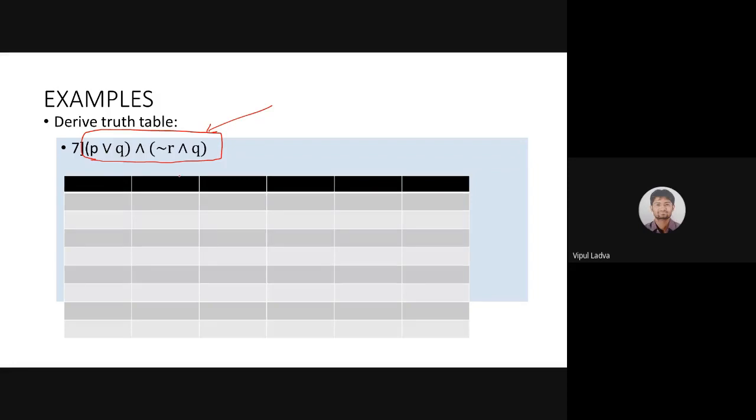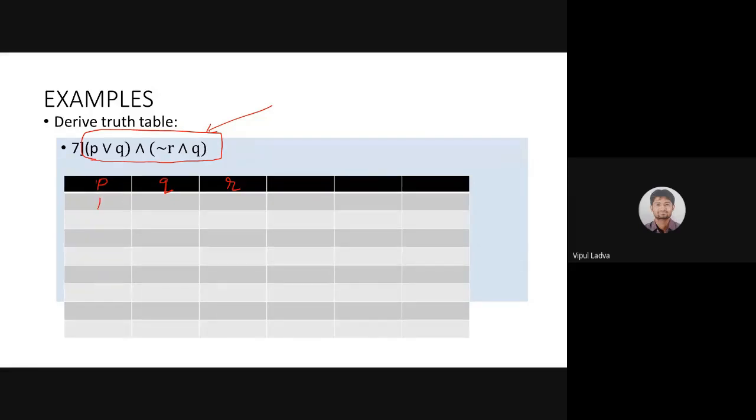So first of all, we will be labeling the columns. As in the question, I can observe that we need three statements, P, Q, and R. Here we are supposed to do the negation of R. So let me label the columns: this is P, this is Q, this is R. We need all the different possibilities for three statements.